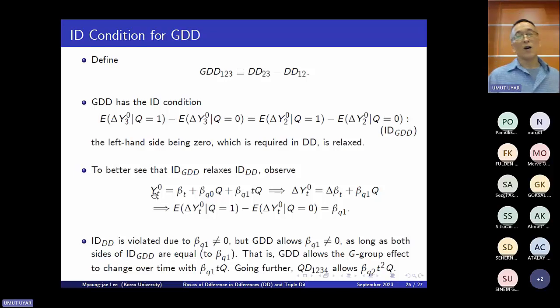Suppose the untreated outcome is a function of Q and T times Q. If I take the difference on this model, I have delta YT0 and delta beta T, and this Q drops out, and the last term will be just beta Q1 times Q. So here, if I compare the mean difference given Q being 1 and Q being 0, the mean difference is this.